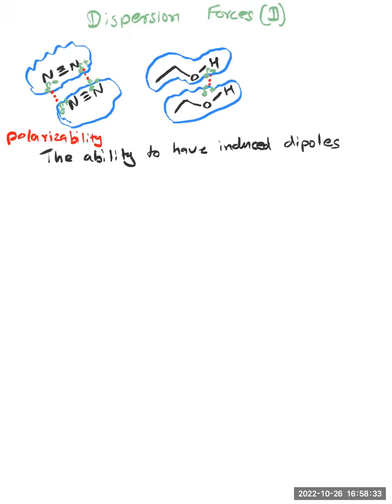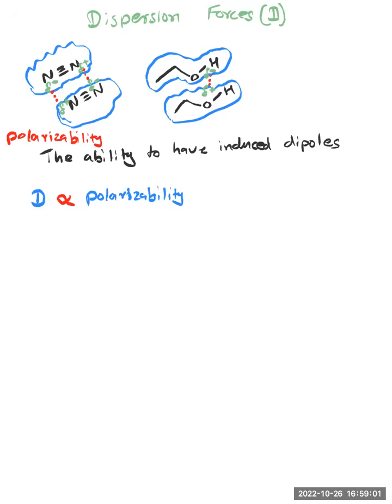So roughly we can say that the dispersion force strength, I'm going to use D to denote dispersion force strength, is going to be directly proportional to the polarizability. What this means is, if something is more polarizable than another, that something will have stronger dispersion forces.